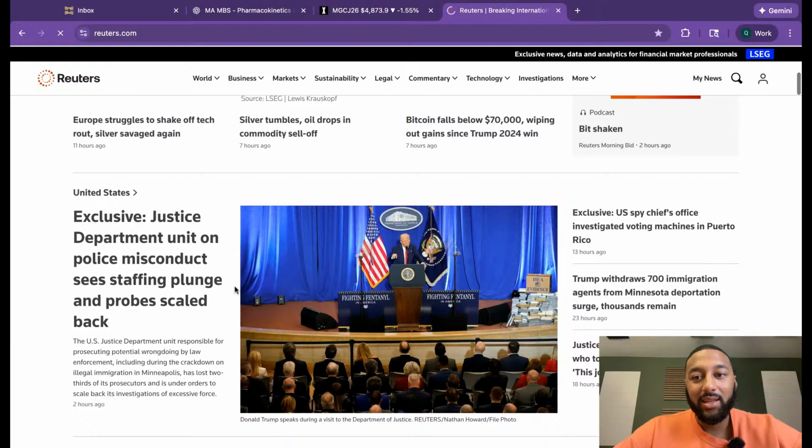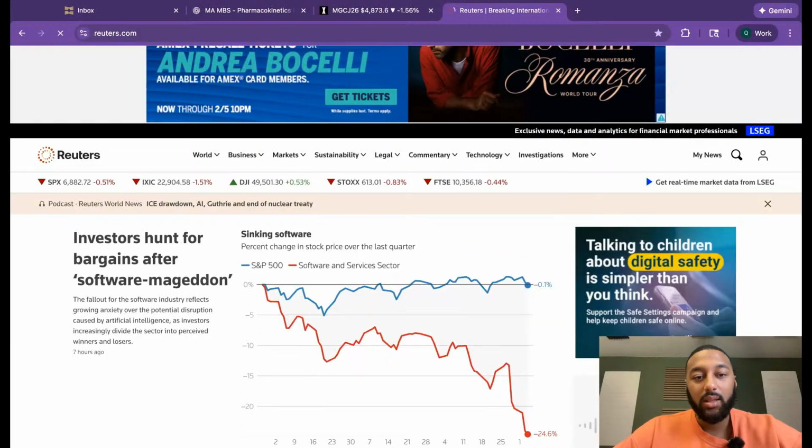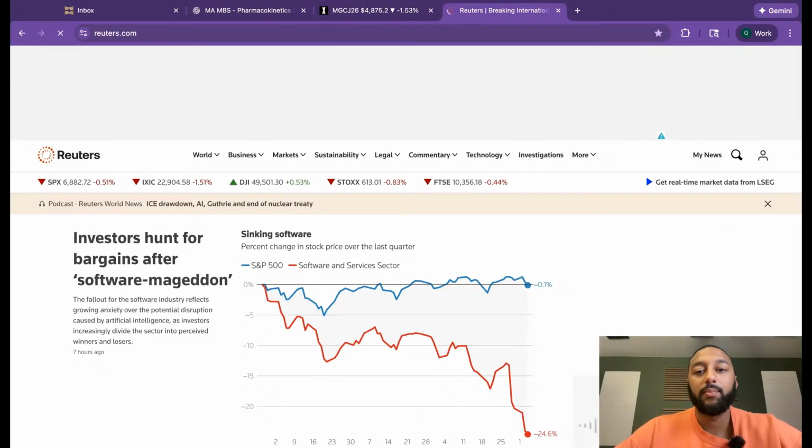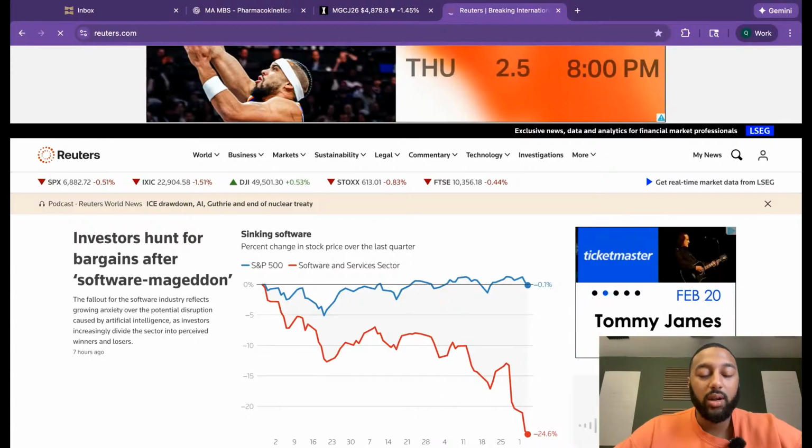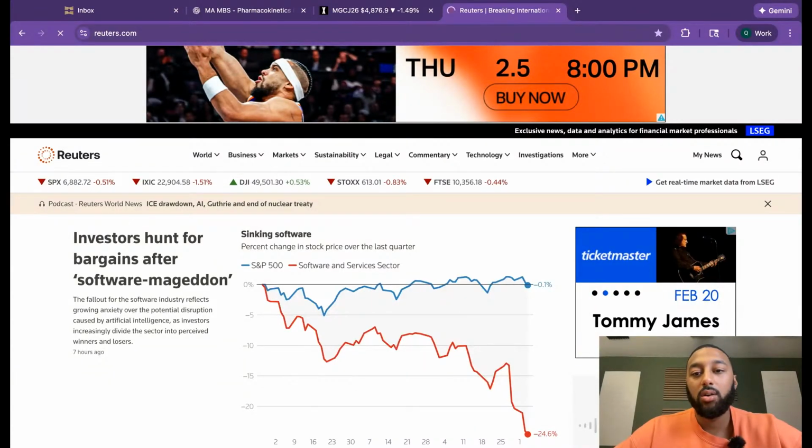Destabilization, instability would mean that money is being poured into risk off assets. When we're in a risk off environment, traders and investors are less likely to assume risk.